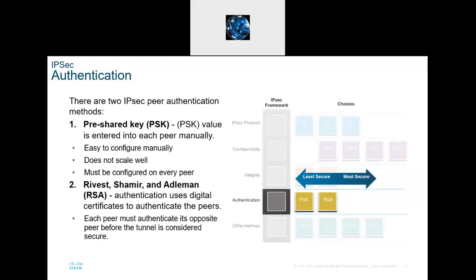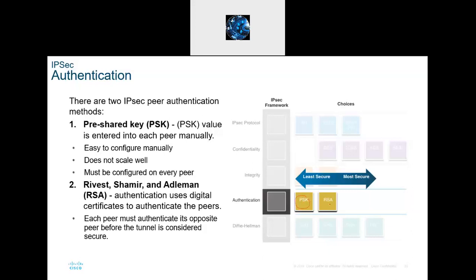And what about authentication? You remember we said the two devices that are communicating must authenticate themselves. They must be sure that the correct guys are talking to themselves. So we have a way to set up this authentication. The first one is PSK, which is pre-shared key. With a pre-shared key, you give a key on this router, like a password, and a key on the other router.